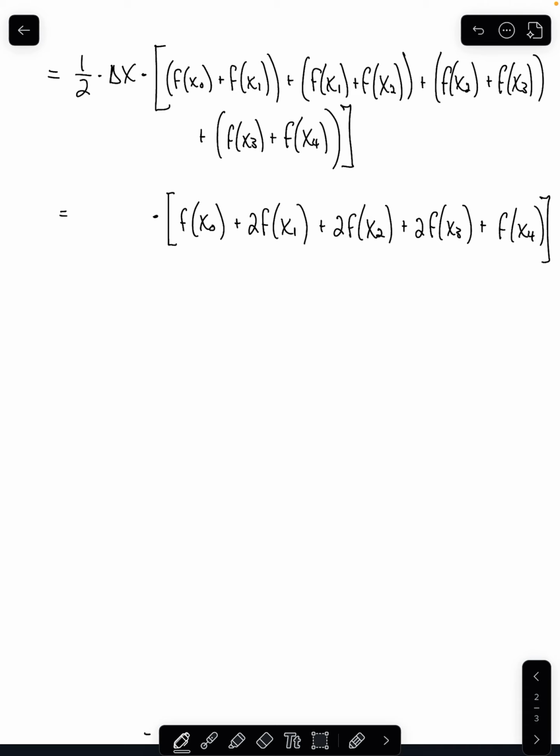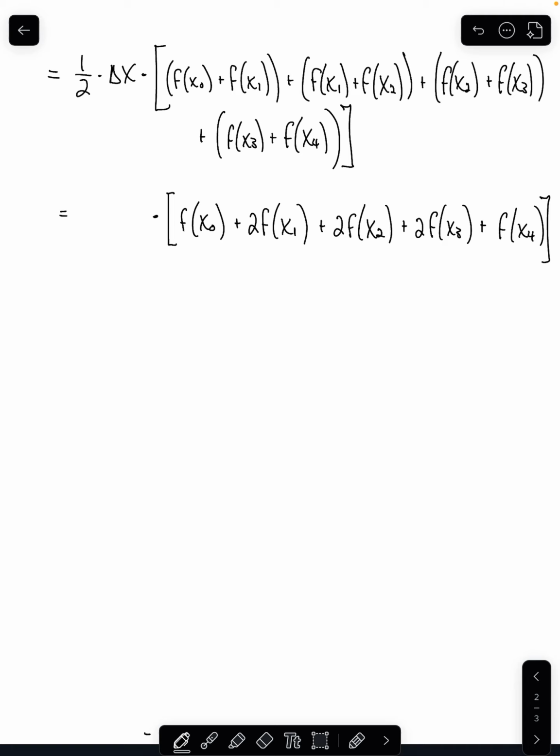In this way, every interior x sub i is used twice and therefore has a coefficient of 2. The very first x sub 0 is only used once because there is no trapezoid on both sides of it. There's only a trapezoid to the one side. Likewise, at the very end, at x sub 4, we again only use it once because there is no second trapezoid on the other side of it.